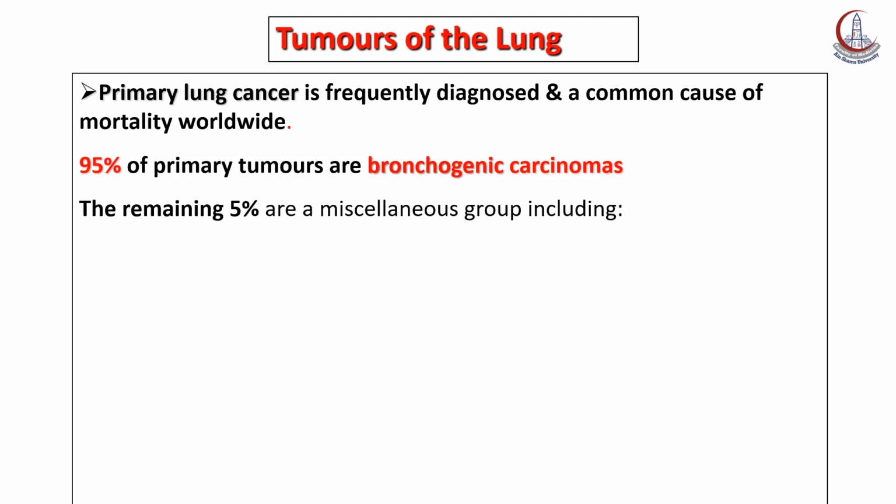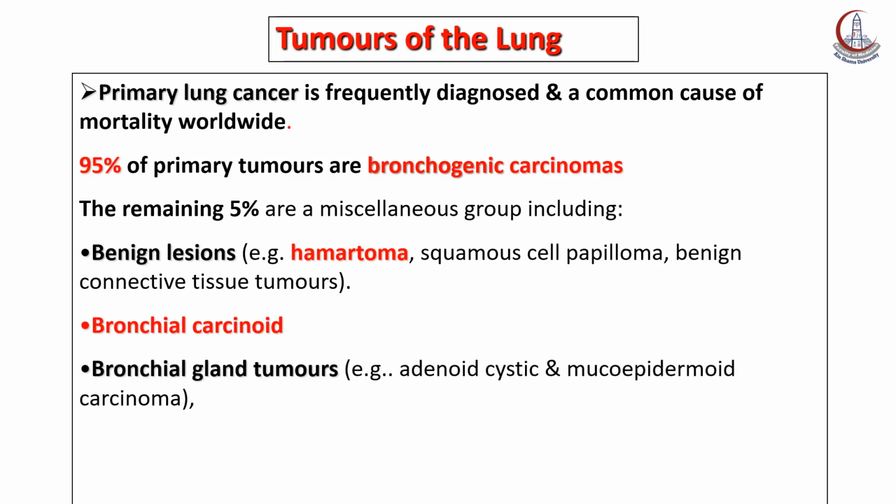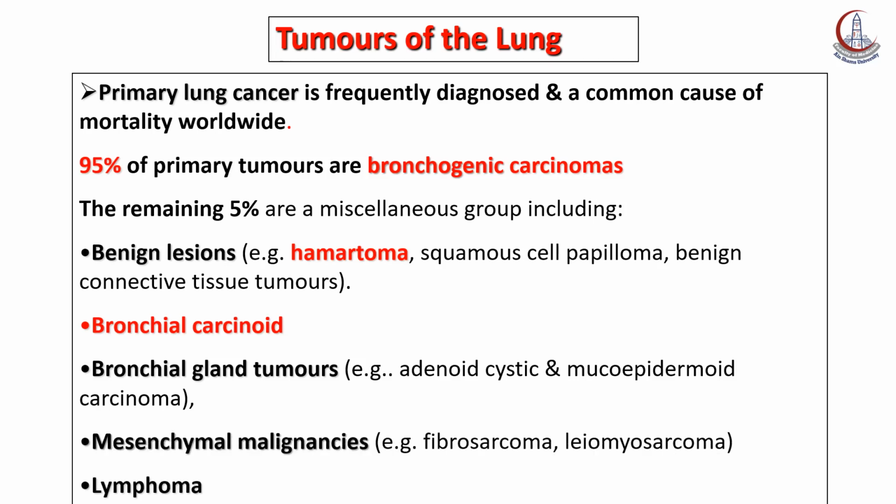The remaining 5% are a miscellaneous group, including benign tumors like hamartoma, squamous cell papilloma, benign connective tissue tumors, also including bronchial carcinoid, bronchial gland tumors like adenoid cystic and mucoepidermoid carcinoma, mesenchymal malignancies like fibrosarcomas and leiomyosarcomas. Also, lymphoma can occur in the lung.